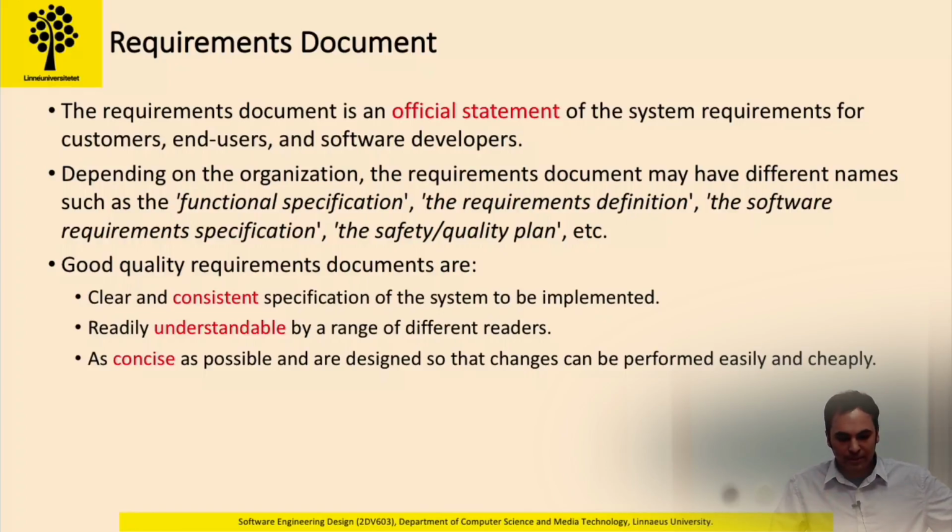A quality requirements document should always be clear and consistent in expressing requirements. It should be really understandable. If someone reads the requirements document and does not understand, that means your requirements are not well written. It should be as concise as possible, and any kind of changes should be easy to make. That's another important thing.